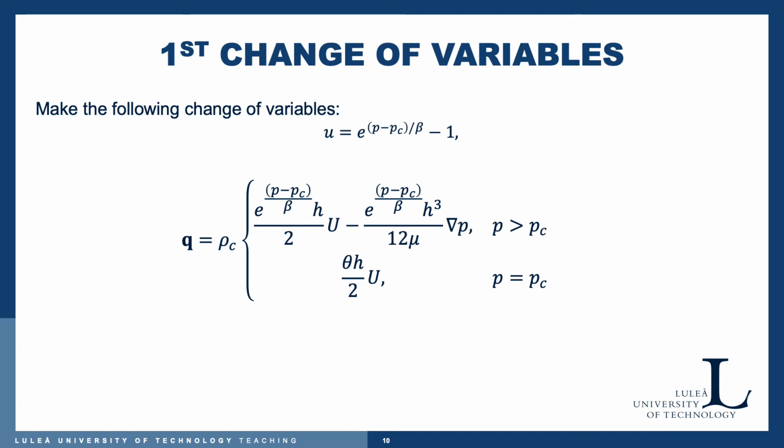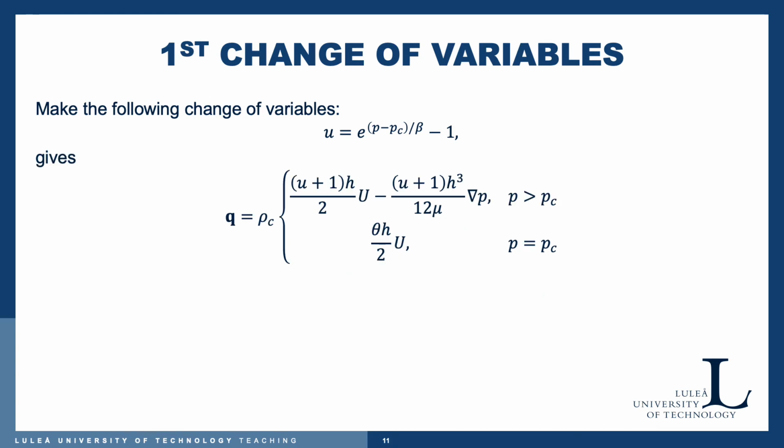However, if we make the following change of variables, we define u to be the dimensionless density, theta minus 1, instead, then we can write the mass flow like this.